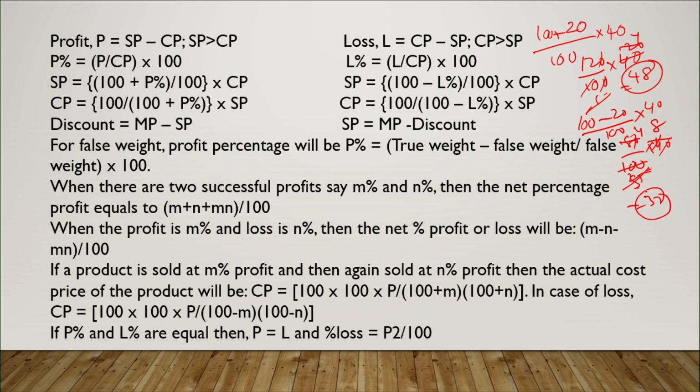So the selling price is 32 rupees when the cost price is 40 rupees and there is a 20% loss. When profit percentage or loss percentage is given and the cost price is known, then you can calculate the selling price. These are the formulas.